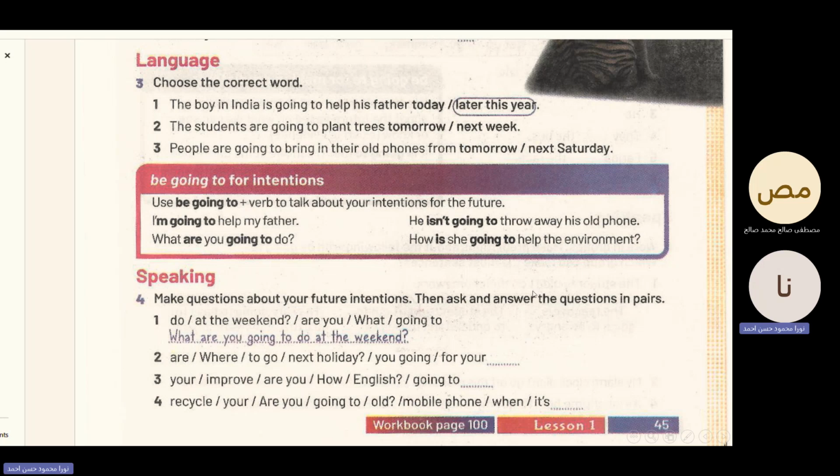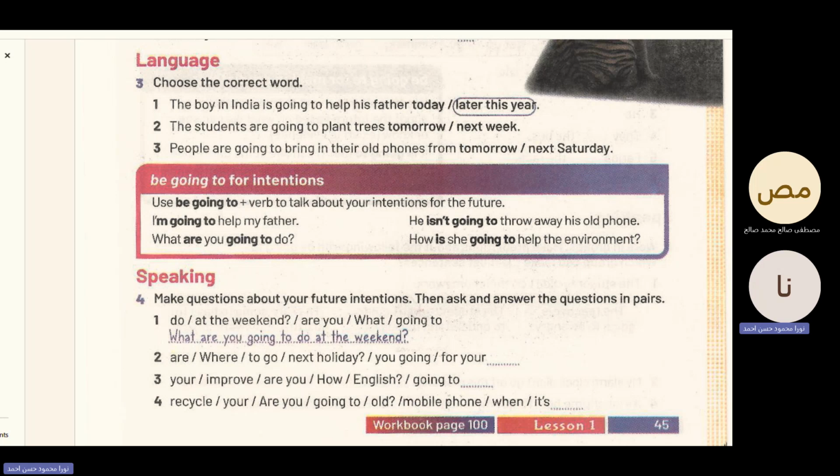Okay? So another example here is how is she going to help the environment? Again, she takes is plus going to and the verb in the infinitive form. Maybe I can answer this one and say she's going to plant trees.